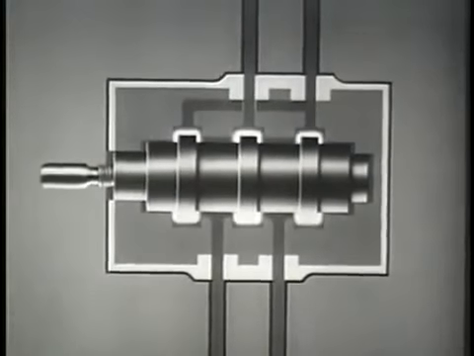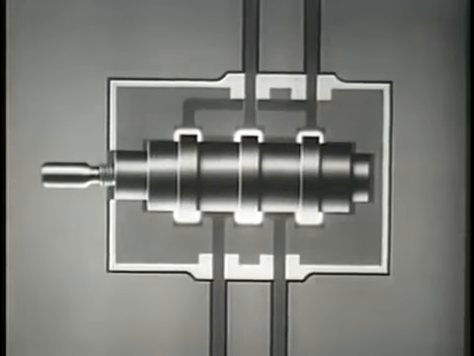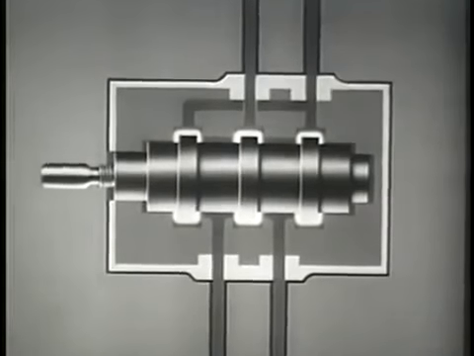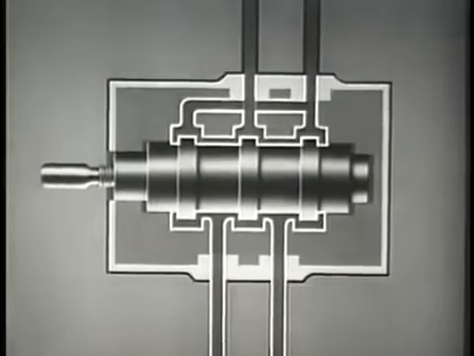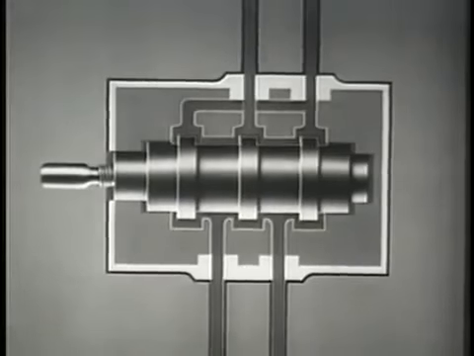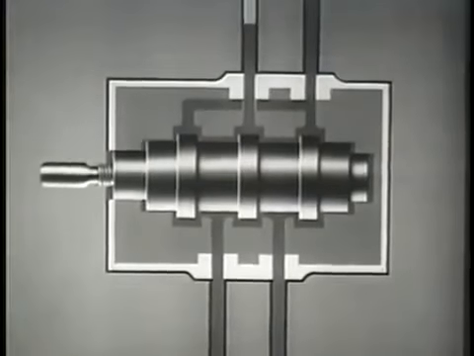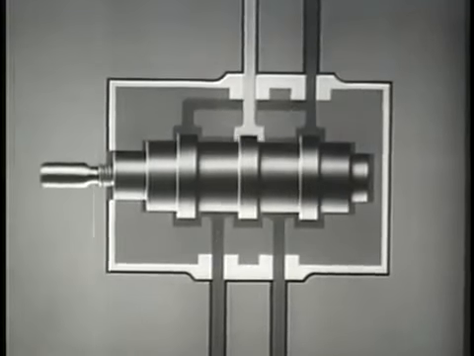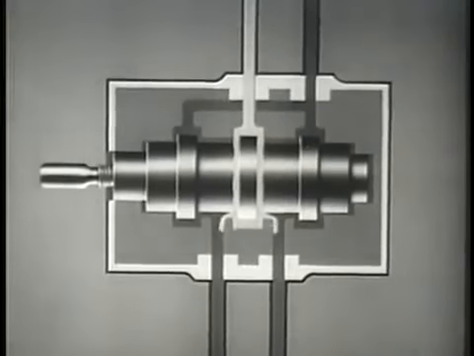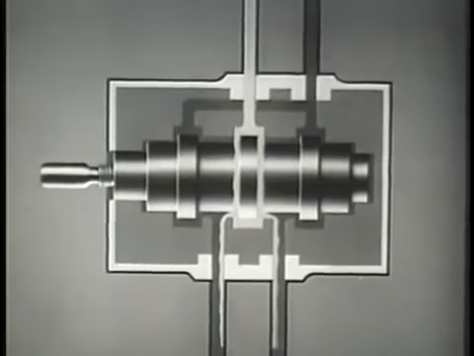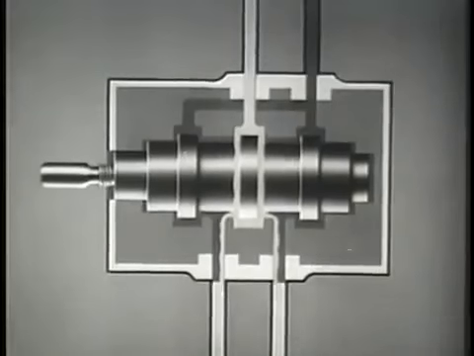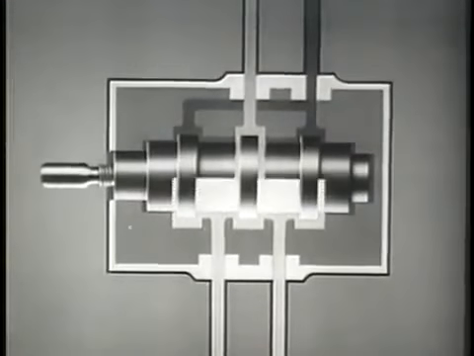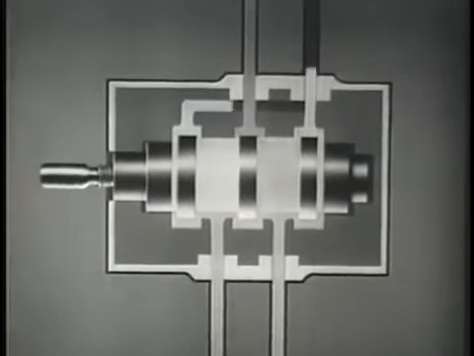The spool has lands which control the flow of fluid through the passageways to the power cylinder. The fluid enters the control valve through the inlet port and flows around the spool in channels leading to the power cylinder. After the cylinder has been filled, all fluid then flows to the reservoir.